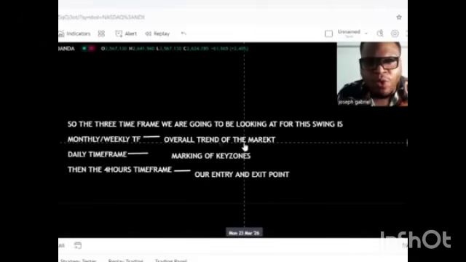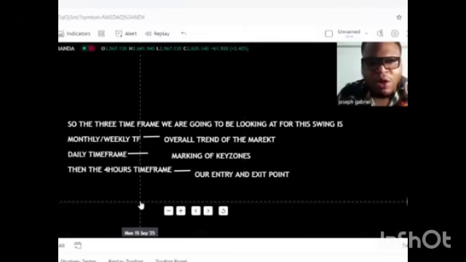So when you open your weekly time frame or your monthly chart, the second thing we are going to be looking at, after you've considered the overall trend on the monthly, is going down to the daily time frame to mark our key zones.